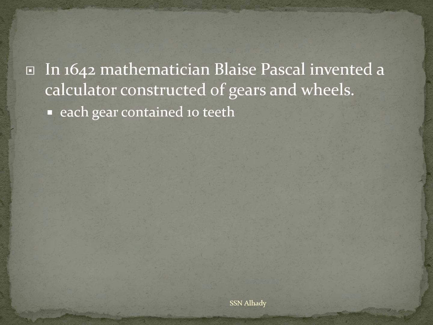Okay, next in 1642. Previously, it was before the century. This is after the century. In 1642, the mathematician Blaise Pascal invented a calculator constructed of gears and wheels.